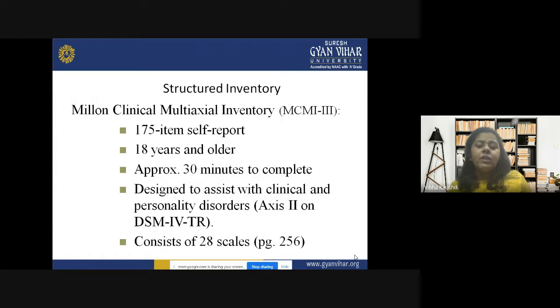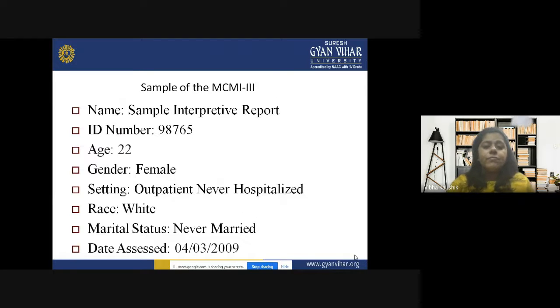Designed to assist with clinical and personality disorders, and this test was designed to assist with clinical and personality disorders in a particular individual. Axis II and DSM-IV-TR, consists of 28 scales, and this test consists of 28 scales.